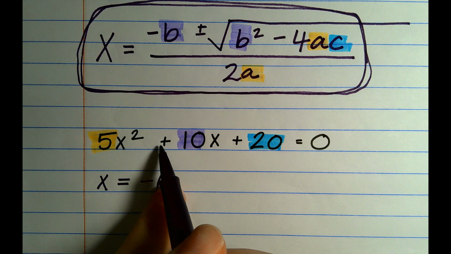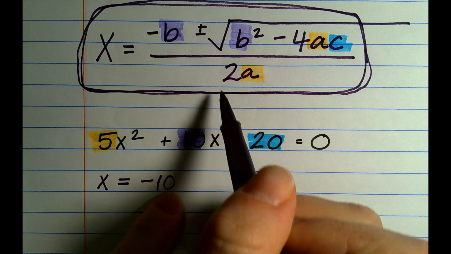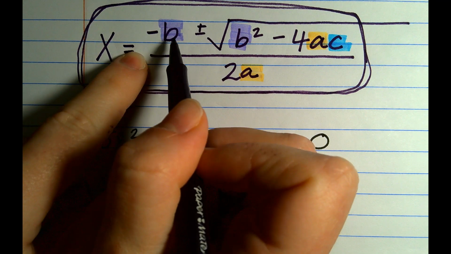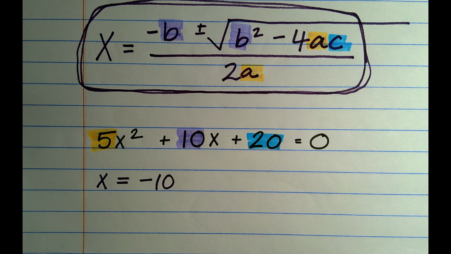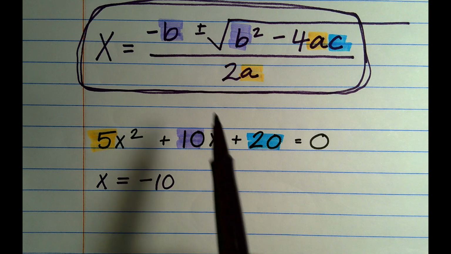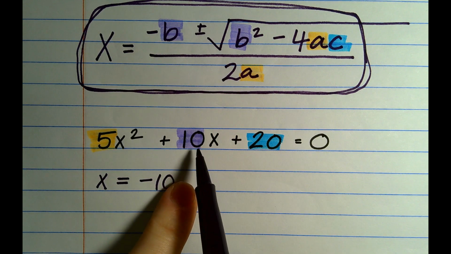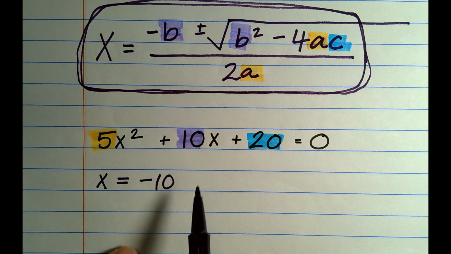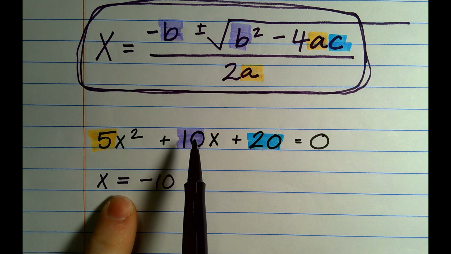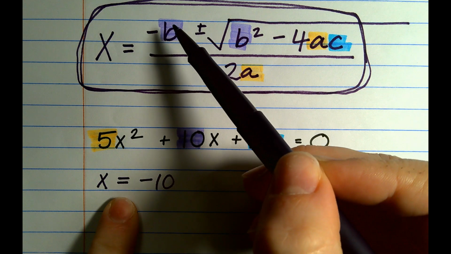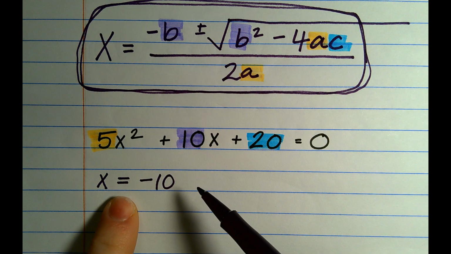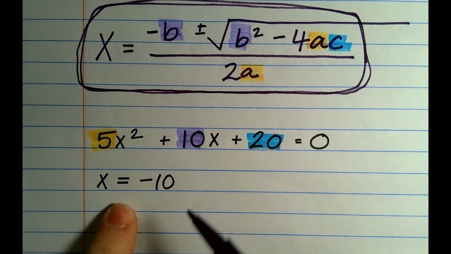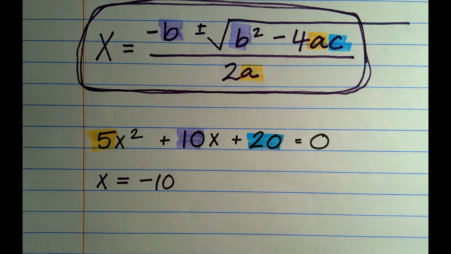So if this was minus 10x, it would be negative 10, which really means positive 10. So this means whatever your B is, we make it the opposite sign. That negative is going to change it. So B is positive 10, but we want negative B, negative 10. Okay. So we plugged in our negative B.